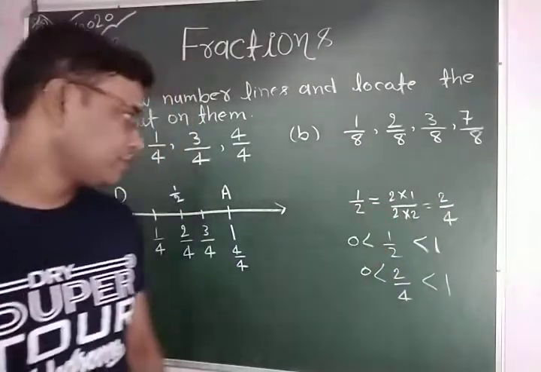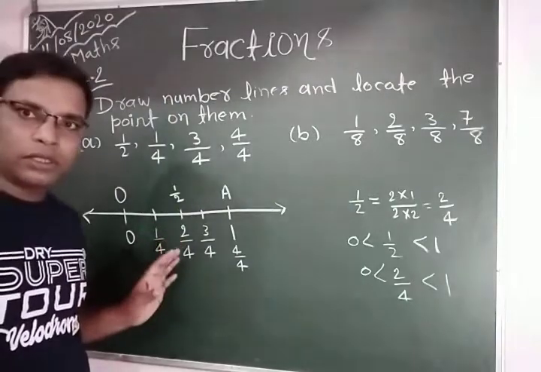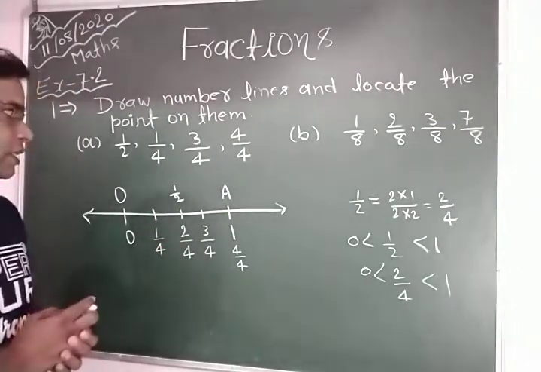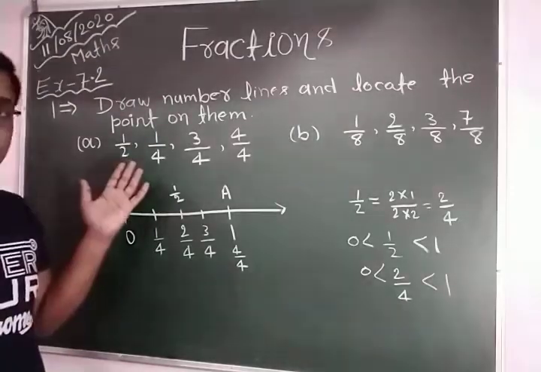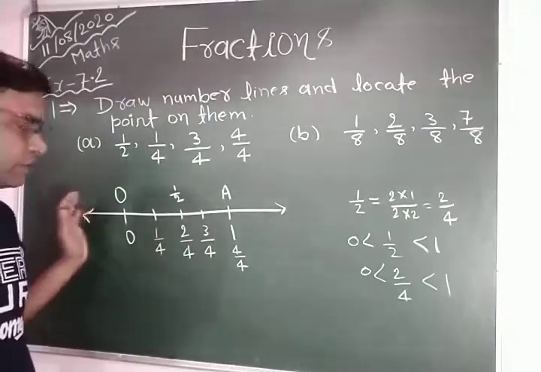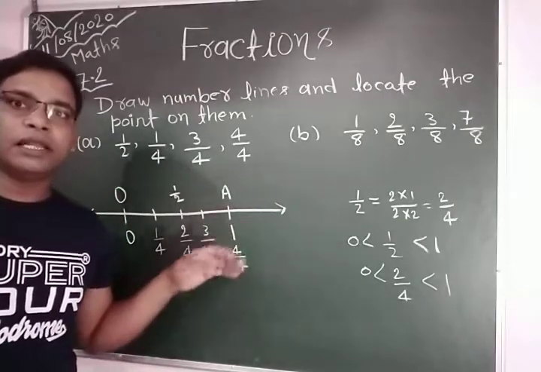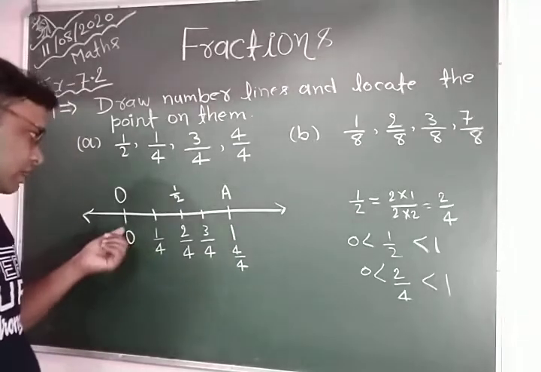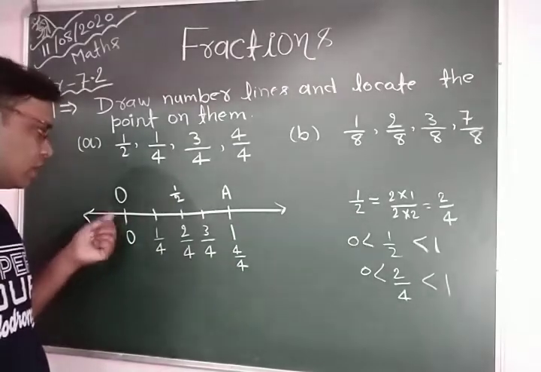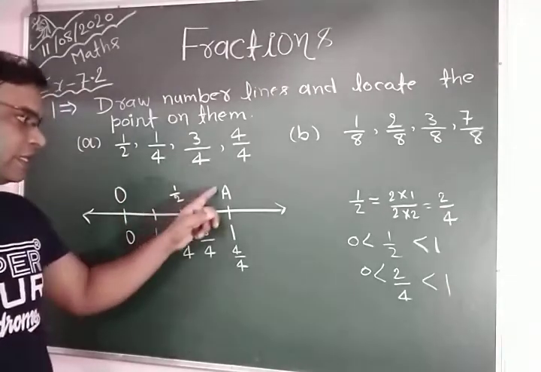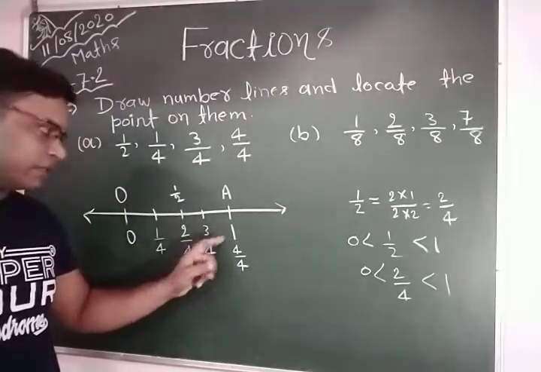Now, students, I hope all of you understood how to represent any given fraction on the number line. First we draw a straight line and plot numbers, then it becomes a number line. First we plot 0: O indicates 0 and A indicates 1.